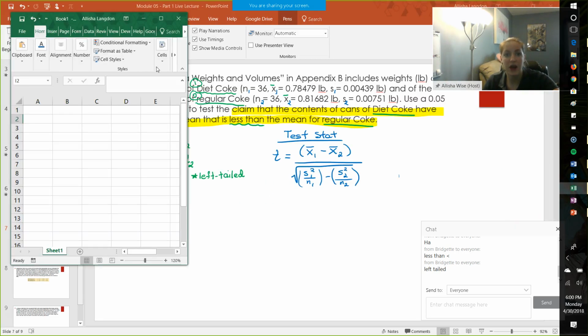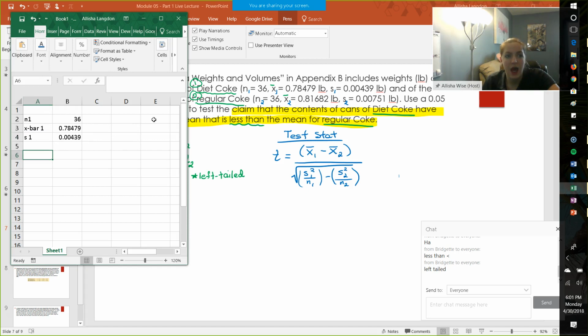I want to make sure I've got all my information here. n1 is 36, x bar 1 is 0.78479. I don't want to round it. s1 is 0.00439. I wish there was a nicer way to type these into Excel, but I have not really found that.